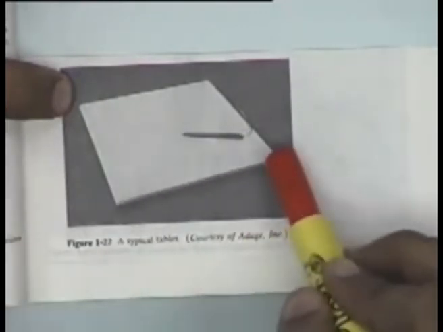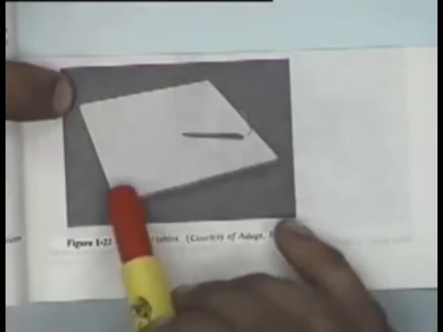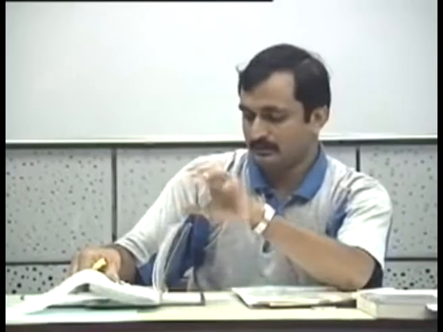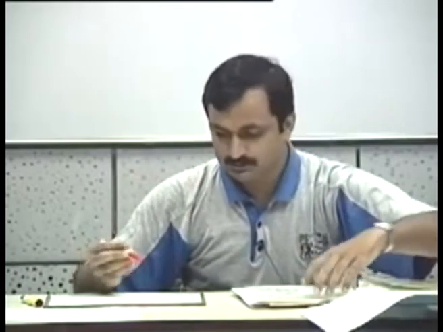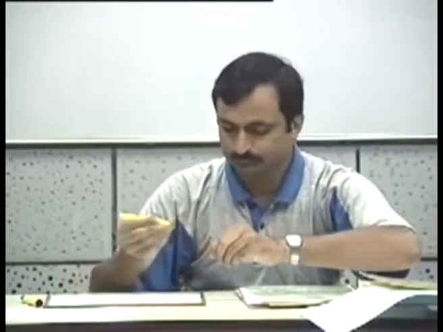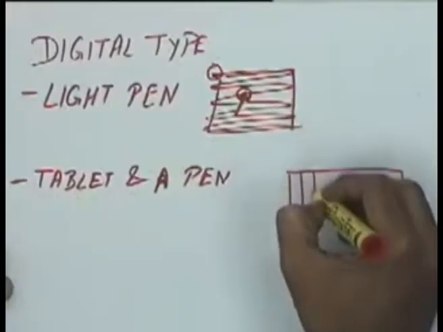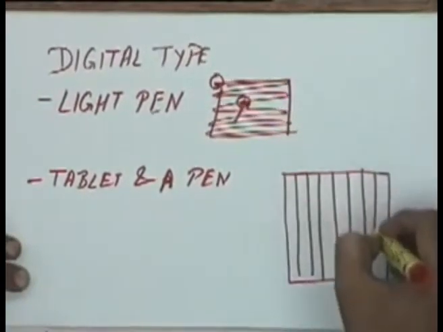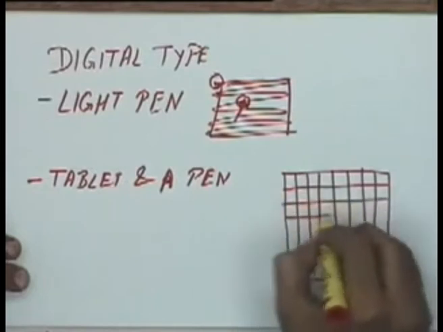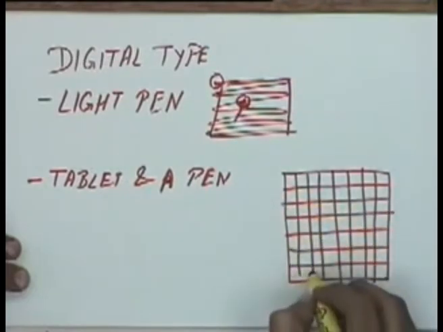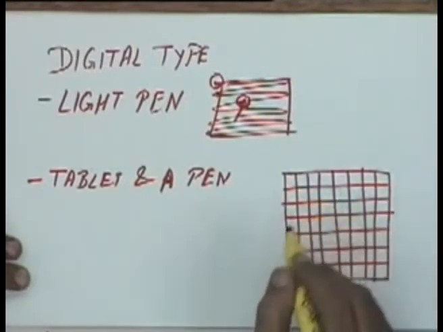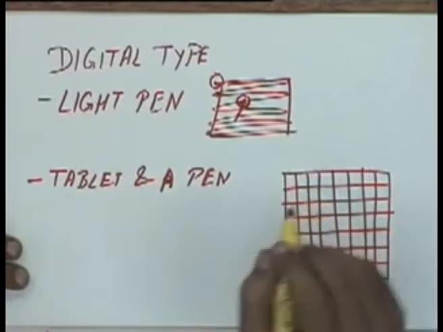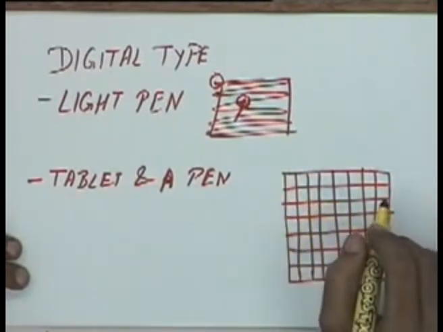But in the case of a tablet, this pad has a grid of wires under it, and the way it works, the pen emits a radio frequency signal.